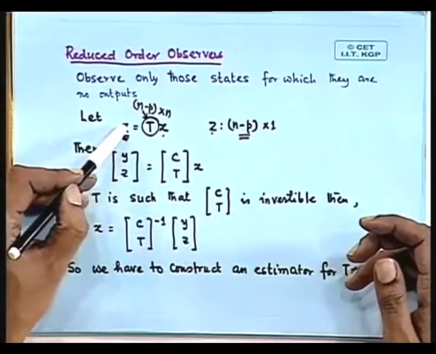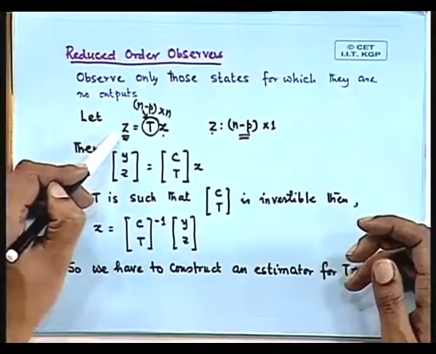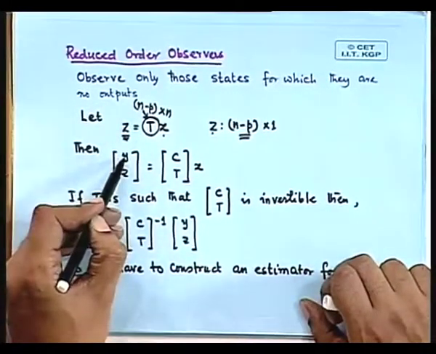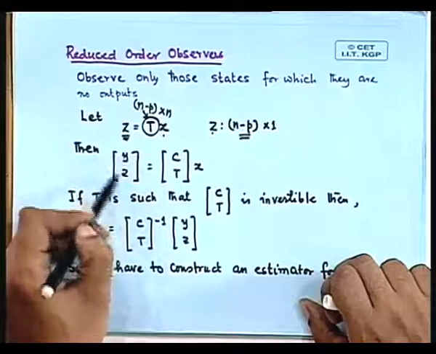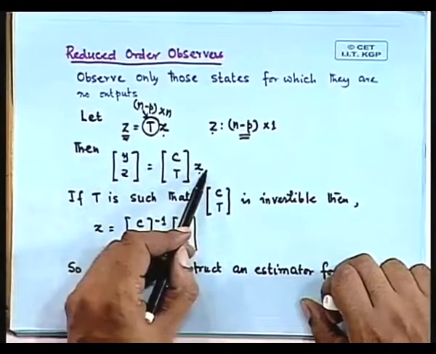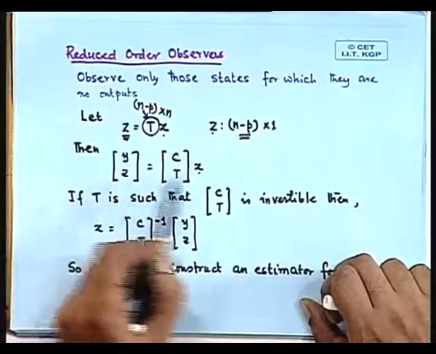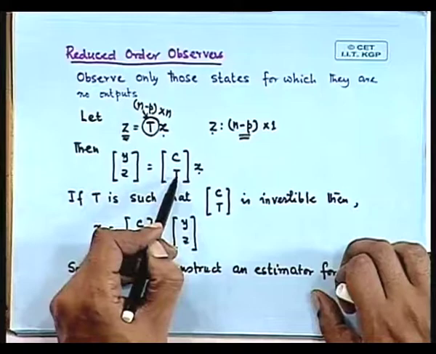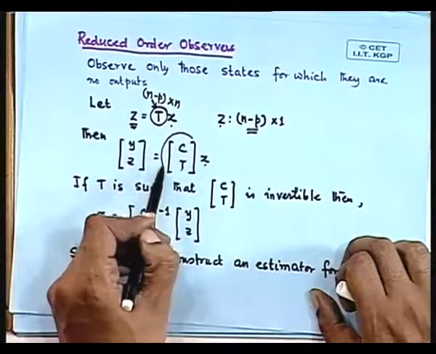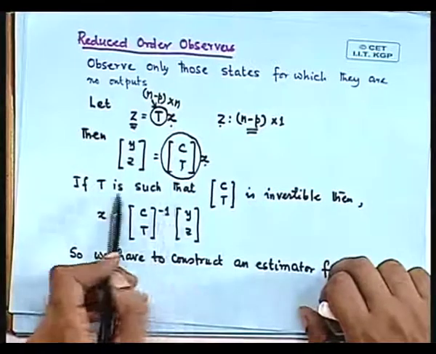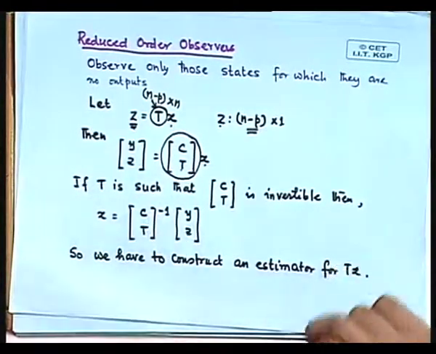Now the question is, what is the beauty of this z? The beauty of this z is that you choose now y and z. If you make this vector, it will be C, T times x, because y is equal to C x, and you have chosen z such that z is equal to T x. Now if you choose T in such a manner that this matrix is invertible, then you could write x is equal to [C; T] inverse times [y; z].